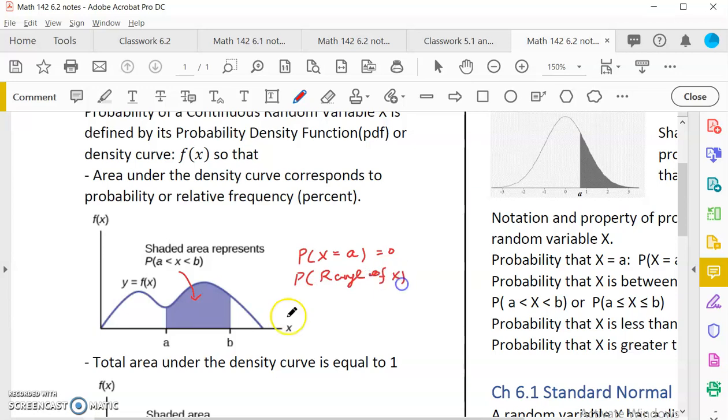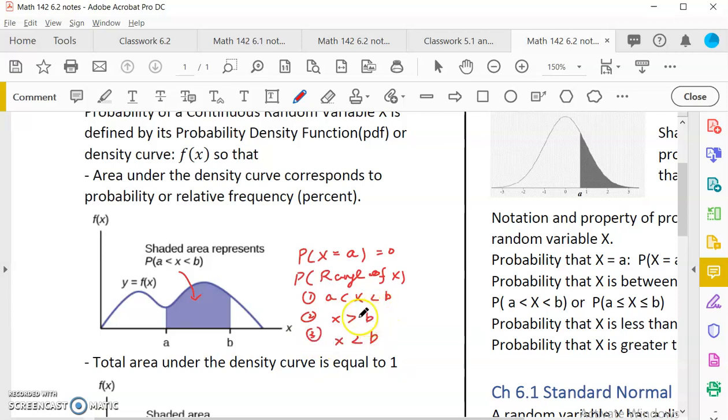Now this range of X can be like this. You can have X between two numbers, a and b. This is the notation of X between two numbers. You can have X greater than a number, greater than b, or you can have X less than b.